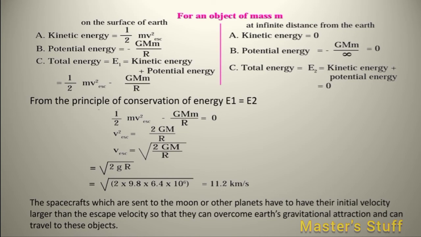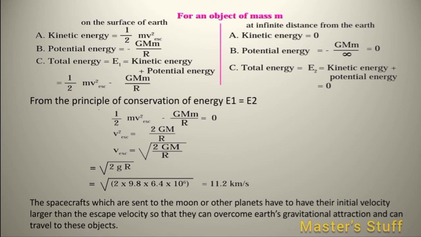equating both the equations of total energy on the surface of Earth and at infinite distance from the Earth, we get 1 by 2 mv square minus GMm upon r equal to 0. Therefore, v escape square equal to 2GM upon r.